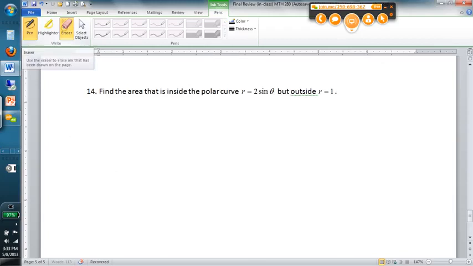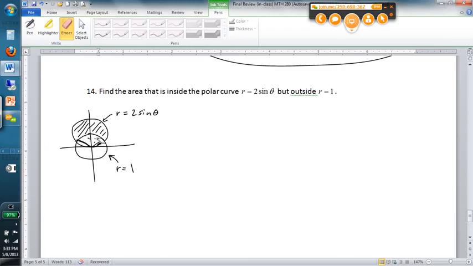Well, area in polar, what is it? Integral... I think it's just r. Isn't it 1/2?